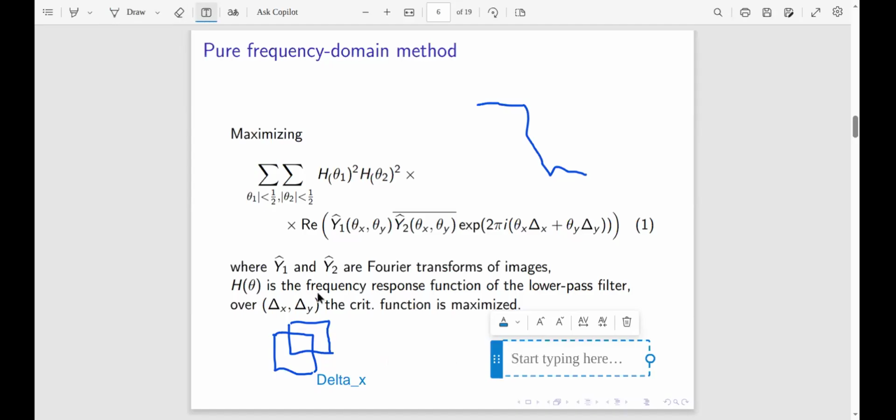This method works if image sizes are several thousands of pixels on each side, or perhaps half a thousand is okay.